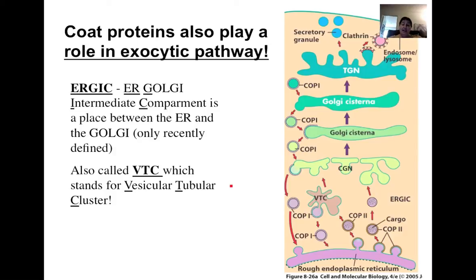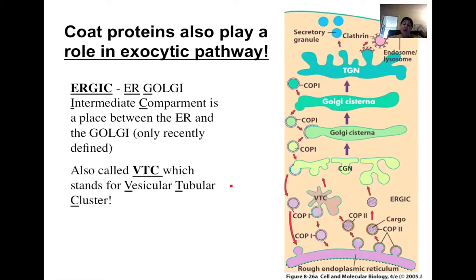And I like that name because it actually is talking about the morphology of this organelle. It really is an organelle. It can be seen in the cell, and it has vesicles that bud off of it, and it looks tubular. And in this cartoon diagram, they're showing you ERGIC and VTC, and they're in between the ER and the cis Golgi.